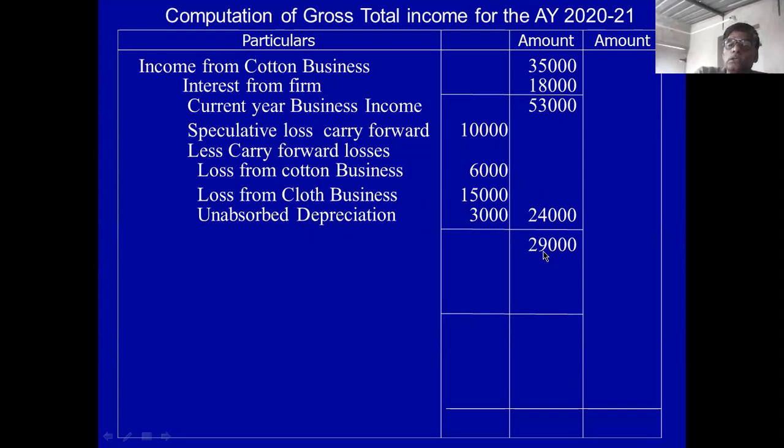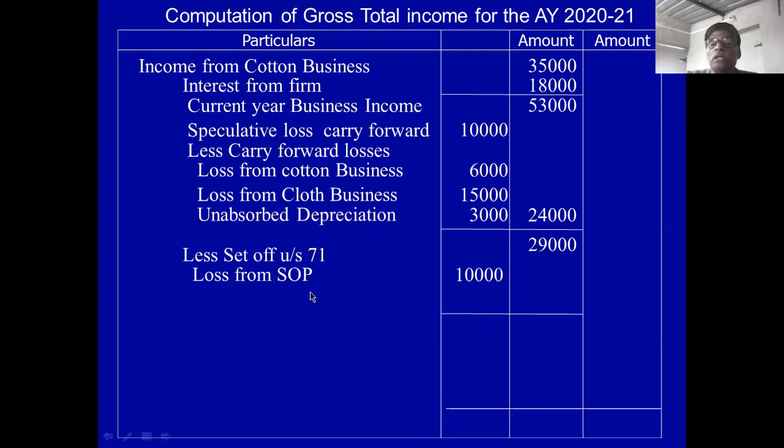In this 29,000, you set off under section 71 the house property loss in the business income. Loss on SOP is 10,000. Loss on LOP, let out property, is 8,000.